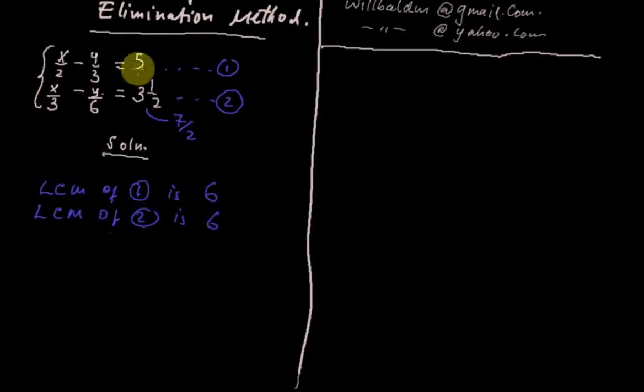But sometimes equation number 1 can have its own LCM and equation number 2 can have its own LCM. So you multiply equation number 1 by the LCM of equation number 1, and equation number 2 by the LCM of equation number 2. If you multiply, we are going to get a new equation. And as usual, I'm going to write it with another pen.